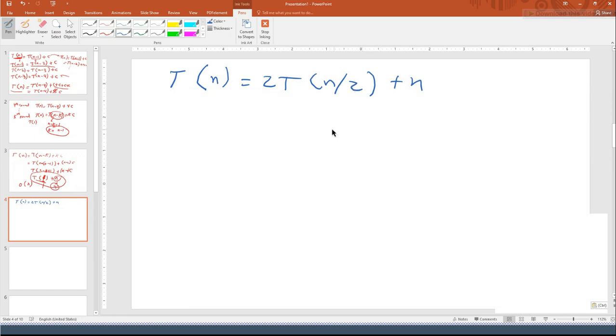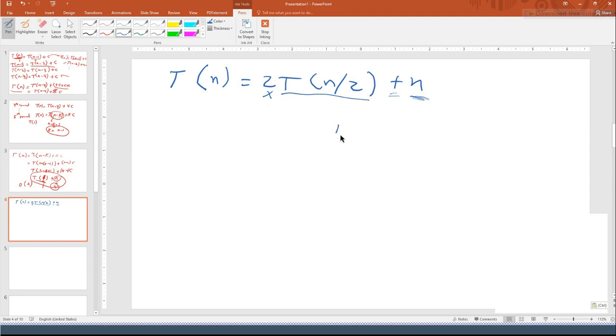Now we need to draw the recursion tree. So T(n) is drawn as follows. See, this n here is connected, or added, to T(n/2) repeated 2 times. So I have T(n/2) plus n and another T(n/2) plus n.